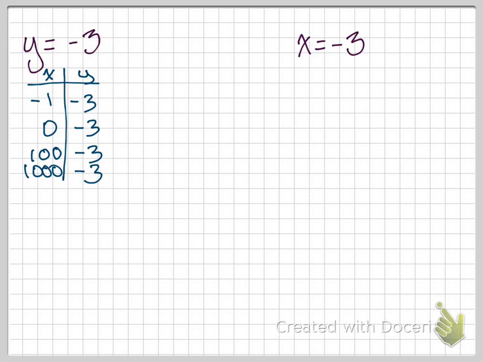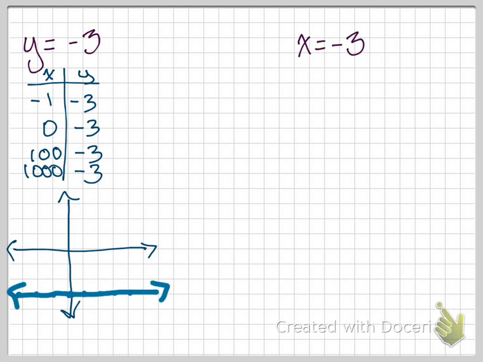So when I graph this, I am graphing, there's my y-intercept, which is -3, and every other value on this line is -3. So what kind of line is this?